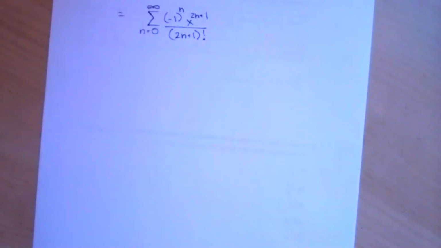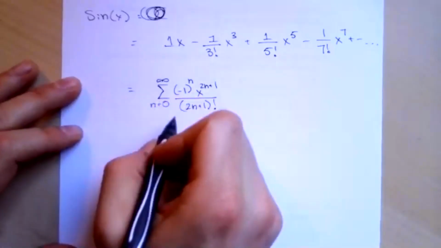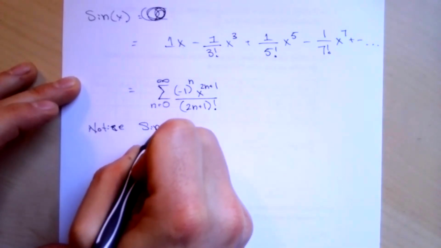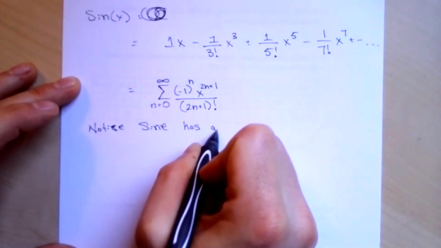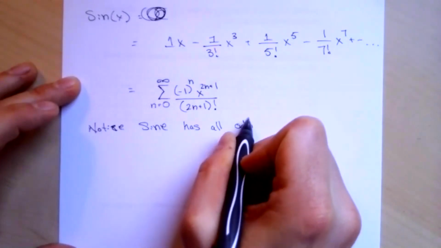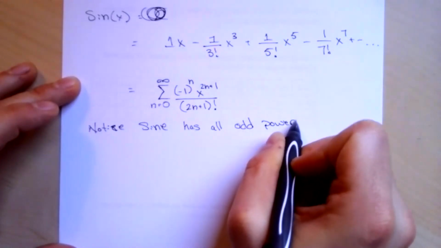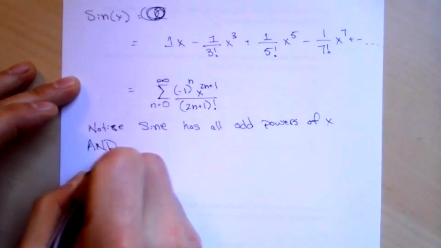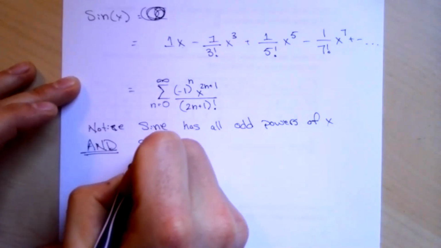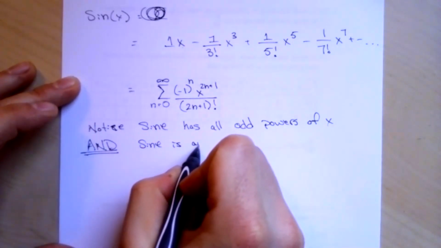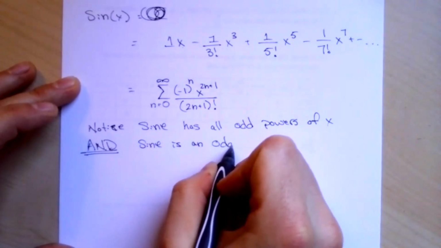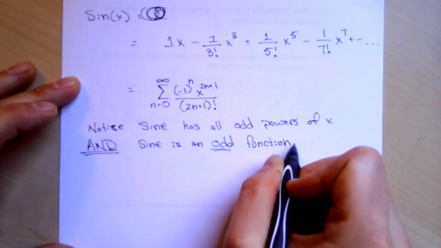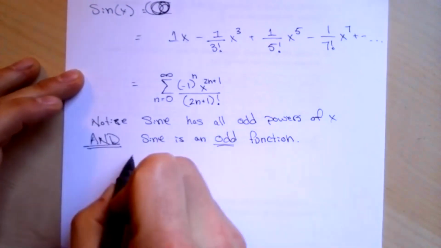So some important mathematical facts and things you should notice about this. Notice sine has all odd powers of x. And if you remember from pre-calc, sine is an odd function. This is where the terminology comes from. What is an odd function?